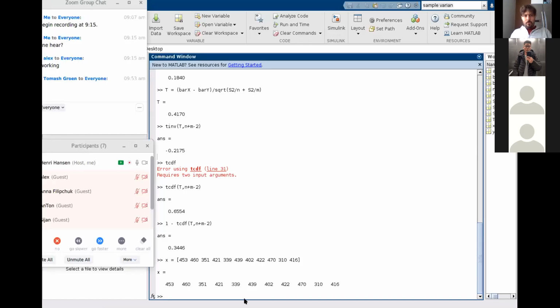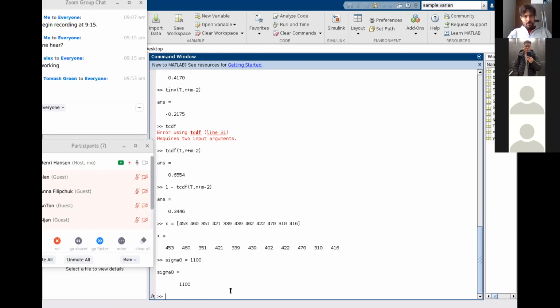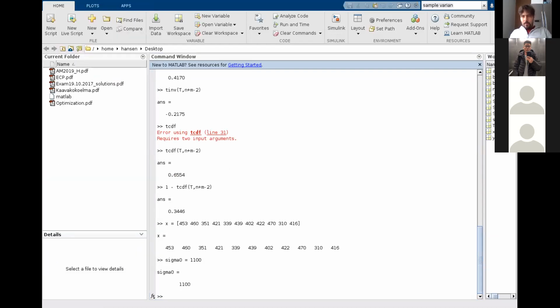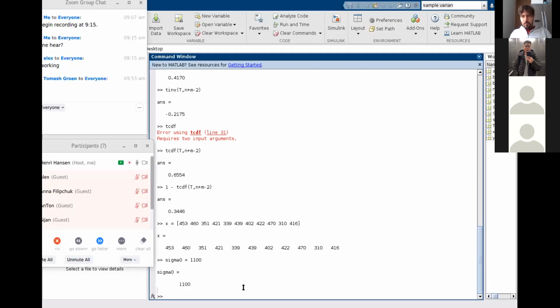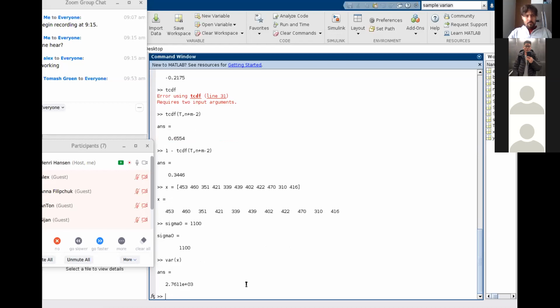And our null hypothesis was that sigma 0 is 1100. That's our null hypothesis. And now we have to calculate the W. So remember the variance of X, that's our S squared. How many X's do we have?